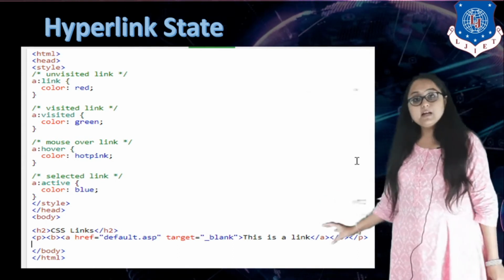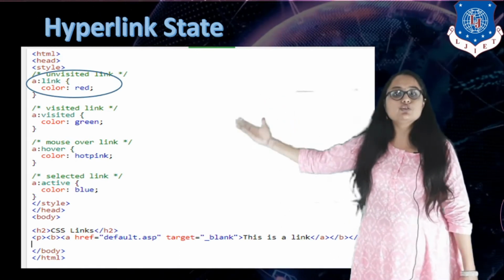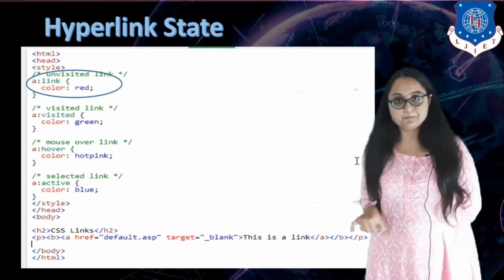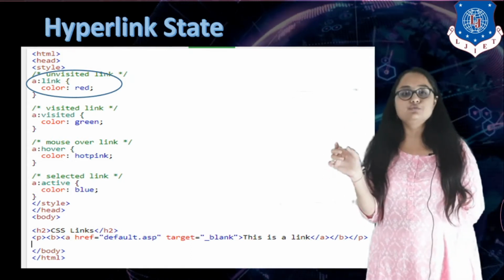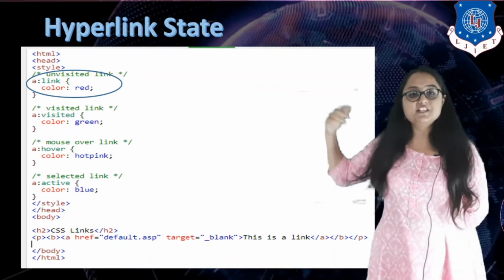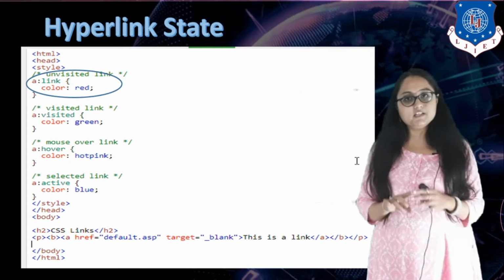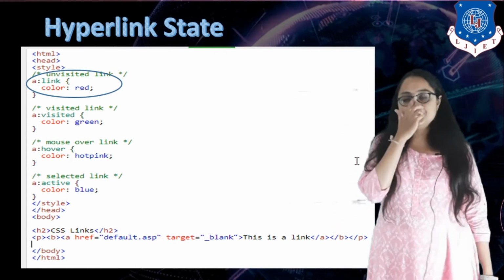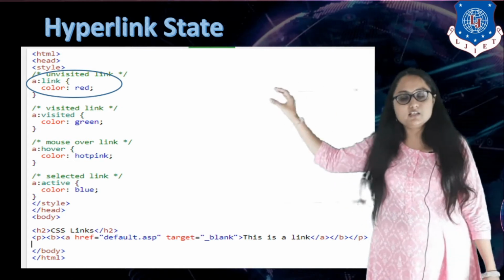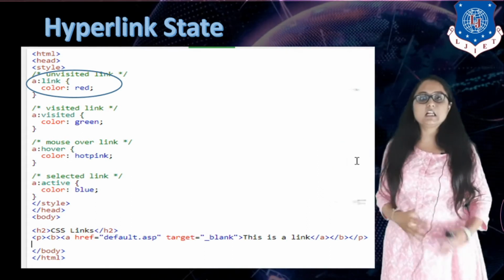Now what have I done in CSS styling? You can see the first pseudo class that I have used is a:link. Now link is an inbuilt pseudo class attached with this anchor tag which specifies an unvisited link. It means whenever you are loading the web page, the first time when you see your link, that is an unvisited link.